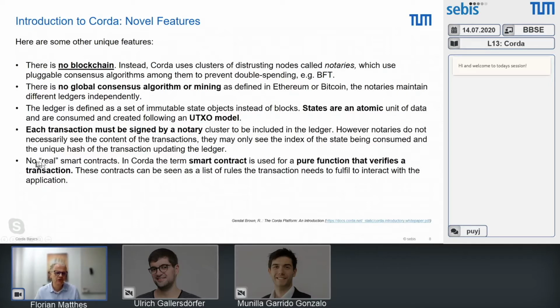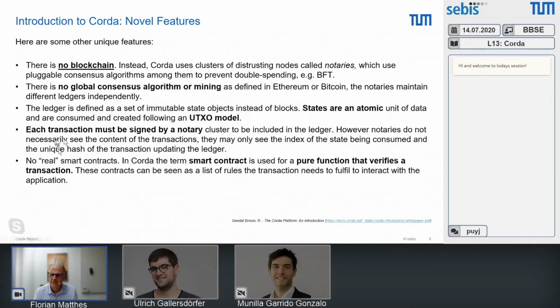Again, the notion of real smart contracts, they call it smart contracts, which are pure functions that verify the transaction. So the idea is that if you want to do a computation, essentially a computation means that you have an old state and a new state. And now you can define functions which verify that the new state has the correct characteristics, or that the transformation itself has the right characteristics.